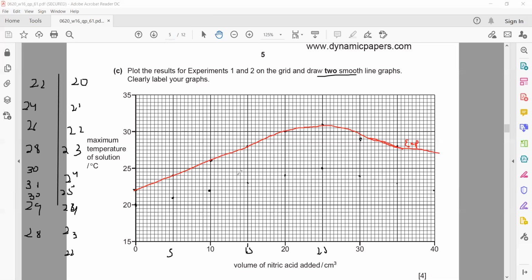For this one, the graph will be like this. This is experiment 2. Just join the points and label them experiment 1 as well as experiment 2. So you can see experiment 1 shows a greater change or rise in temperature as compared to experiment 2.